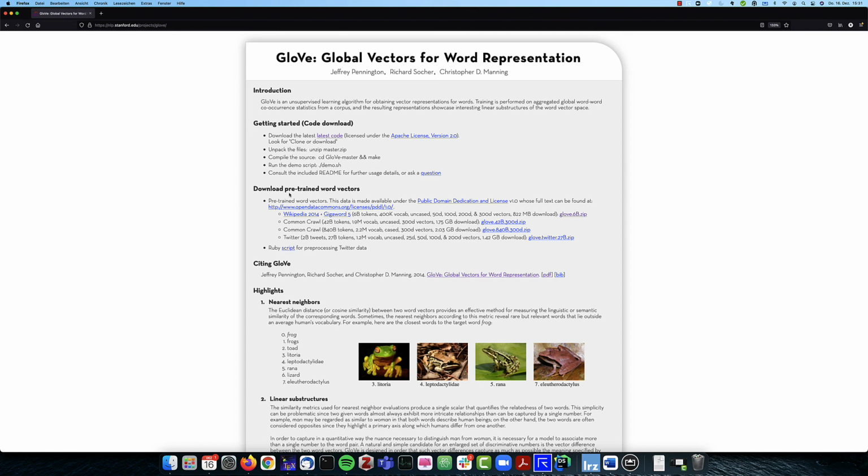So here you will find pre-trained word vectors. You can see what the basis was for estimating those word vectors. And I think somewhere here we also find the dimensionality. So you find vectors of different dimensionality in the pre-trained vector set.